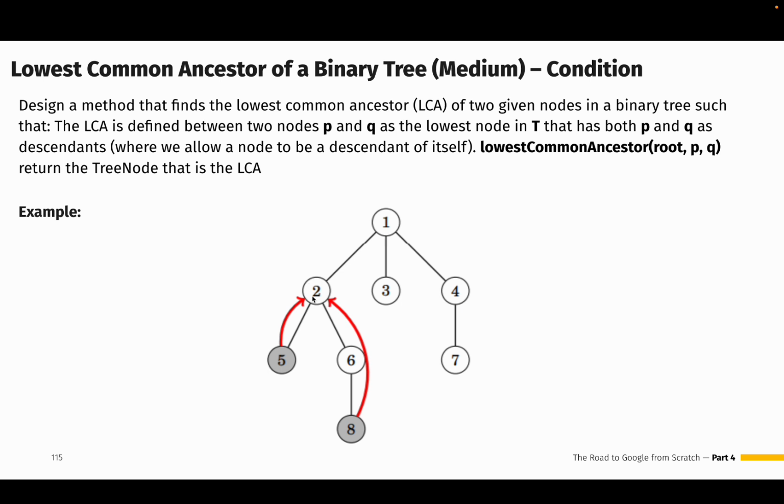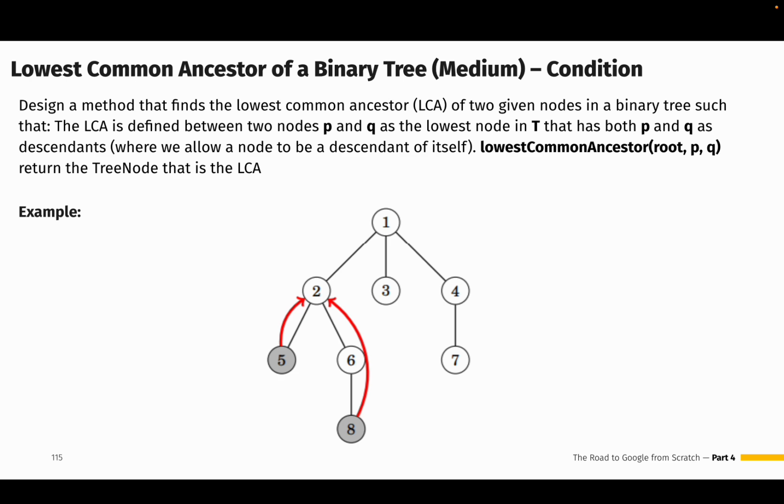Or let's imagine that P is equal to 7 and Q is equal to 4, and in that case their common ancestor will be 4. So I hope the idea of this task is a little bit clear for you.